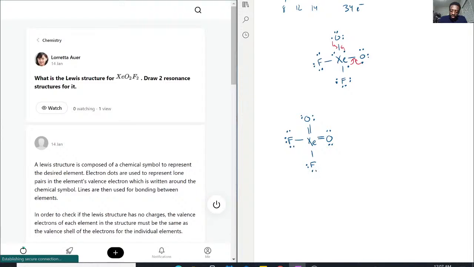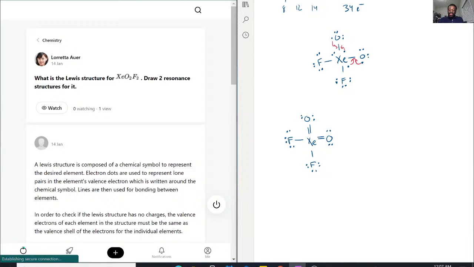So, with this being said, let's just check first if we have 34 electrons, okay? So we have 2, 4, and then plus 6. In total, we have 10 lone pairs, and then we also have 2, 4, 6, 7. Oh, it's 2, 4, 5, 6.